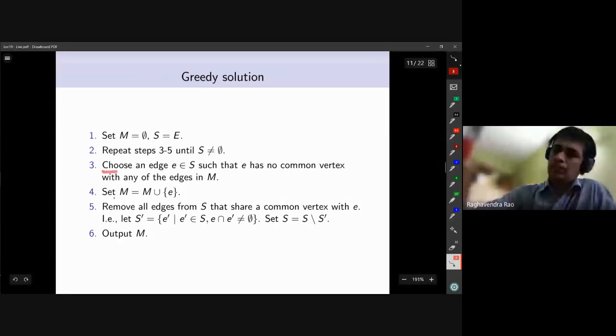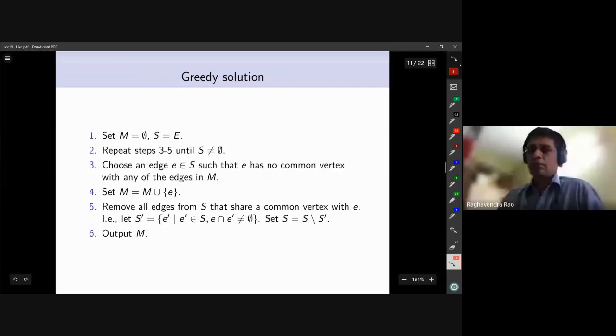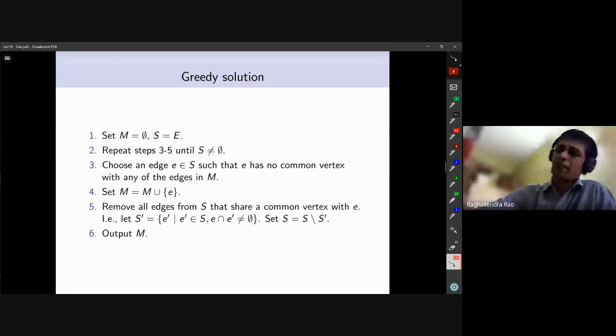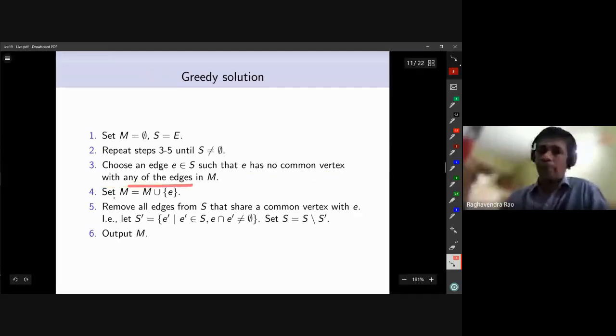The greedy choice is to choose an edge e such that e has no common vertex with any of the edges in M. That is the feasibility condition: there should be no common vertex with any of the edges in M.